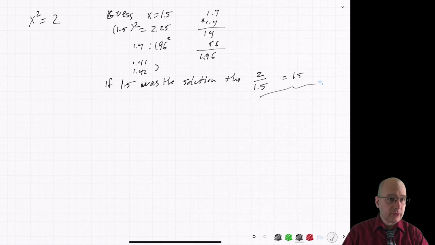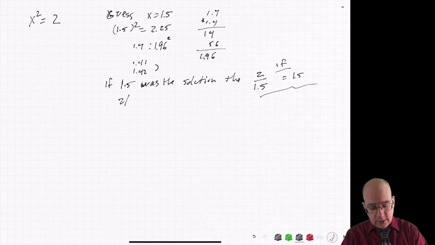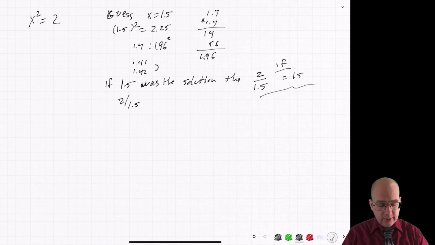Because 1.5 squared was supposed to be 2. It's a big if. It's not, so it doesn't work out, right? Instead, we have 2 divided by 1.5, which is, well, 2 divided by 3 over 2 is 4/3, 1.33.